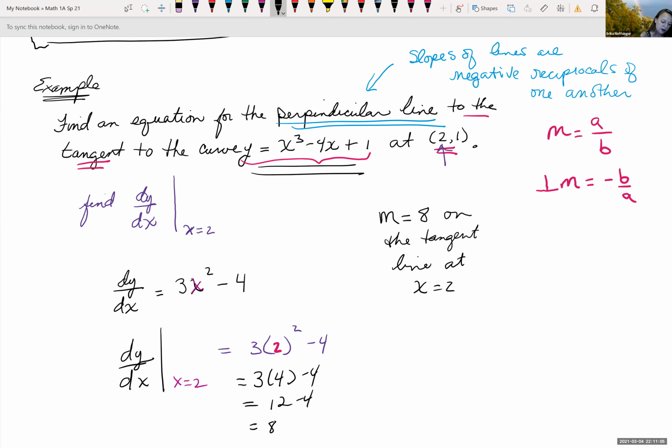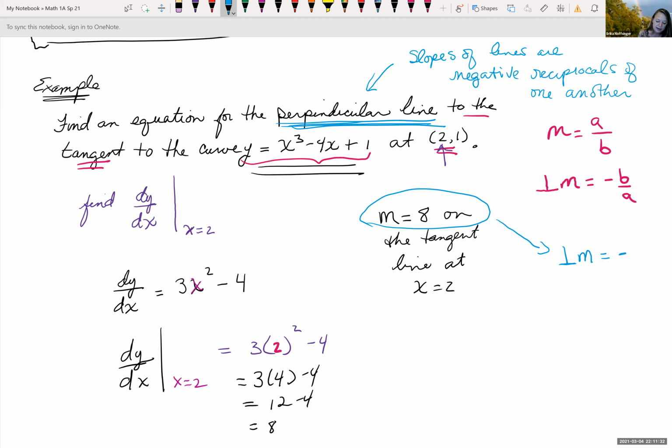Okay, but I want to find the perpendicular line to my tangent line. So all I need to know about that perpendicular line is what the slope is. Well, if my slope is 8, and I want the perpendicular slope, it's the opposite sign, so negative, and then flip it.